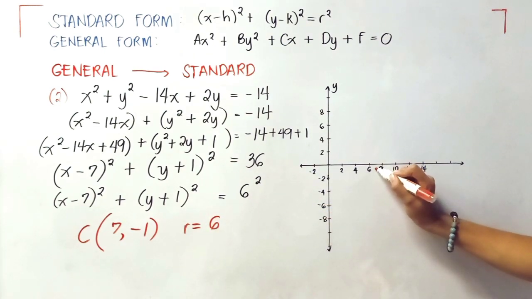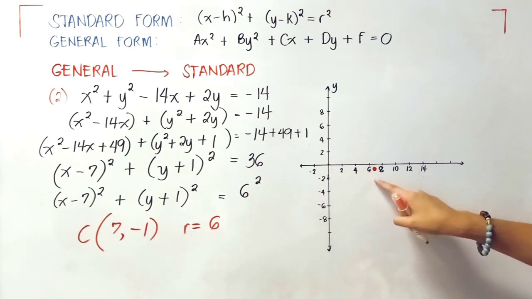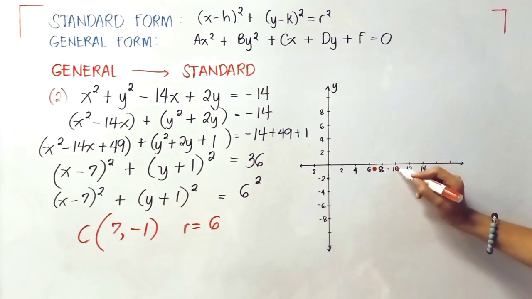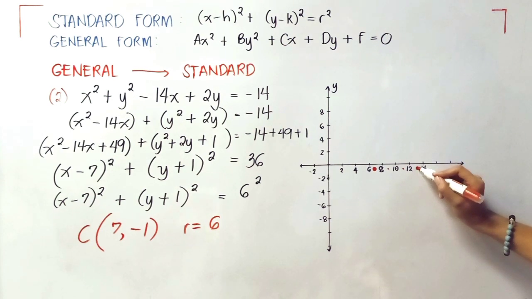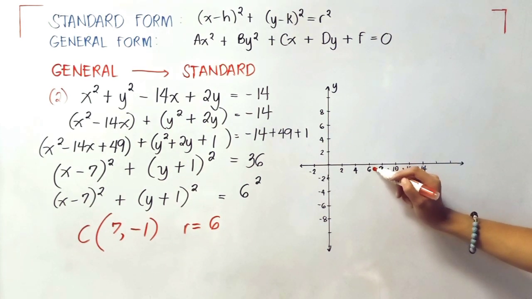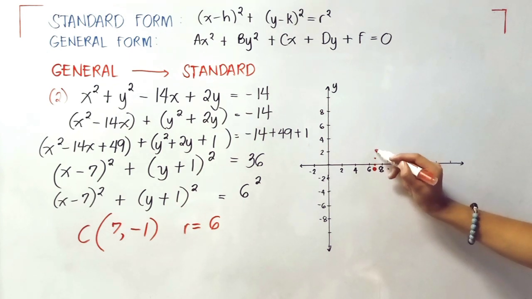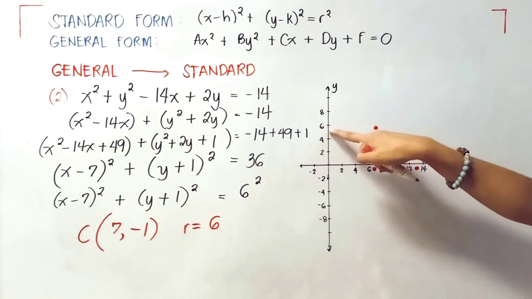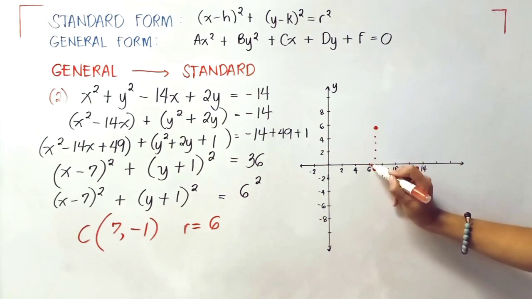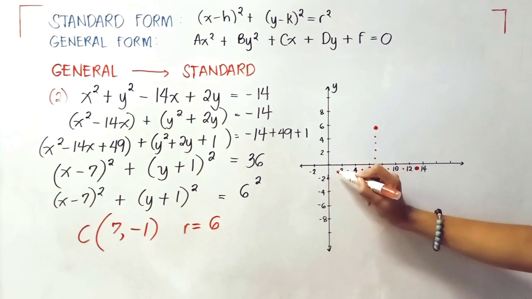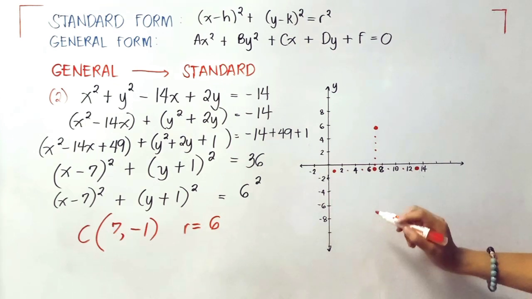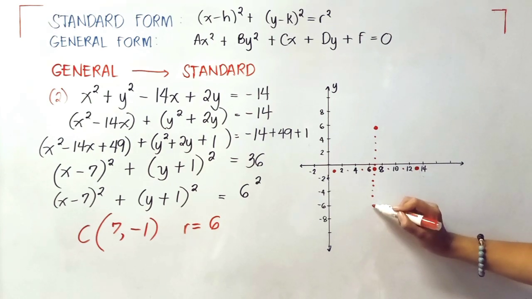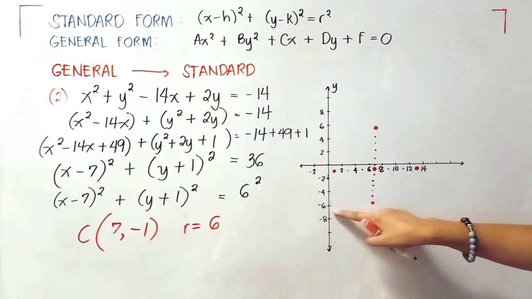Our center here is 7, -1, and our radius is 6, so we'll count 6 units. 1, 2, 3, 4, 5, and 6, so it's 13, -1, and 1, 2, 3, 4, 5, 6, so that's 7, +5, and then 1, 2, 3, 4, 5, 6, so that's 1, -1, and 1, 2, 3, 4, 5, 6, that is 7, -7.